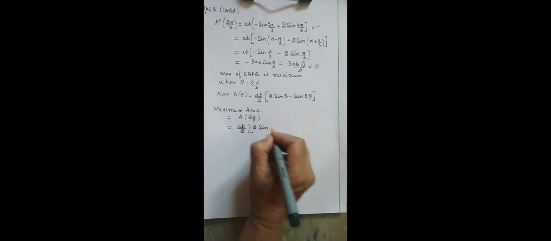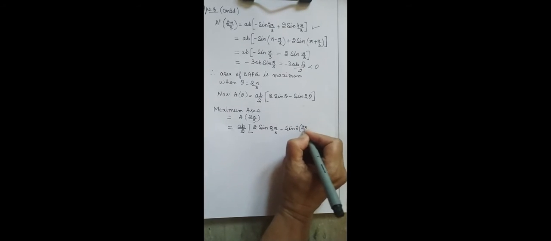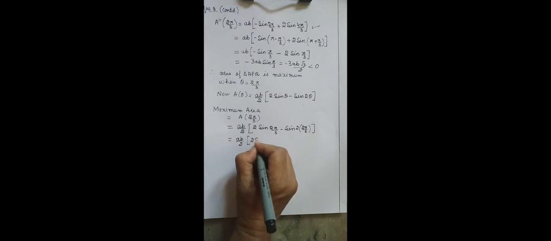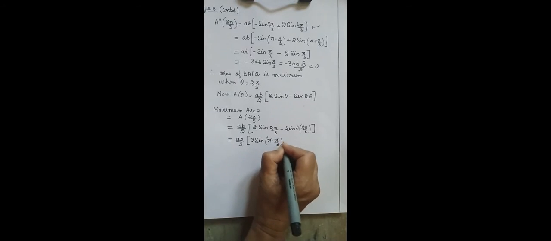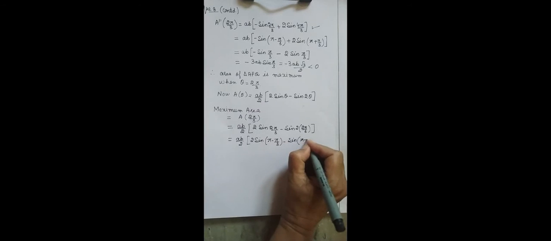So this becomes twice sine 2 pi by 3 minus sine 2 into 2 pi by 3, which gives me the result that this is 2 sine (pi minus pi by 3) minus sine of 4 pi by 3, which will be written as pi plus pi by 3.